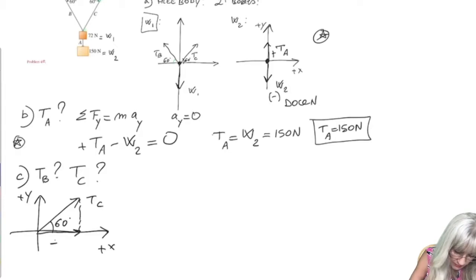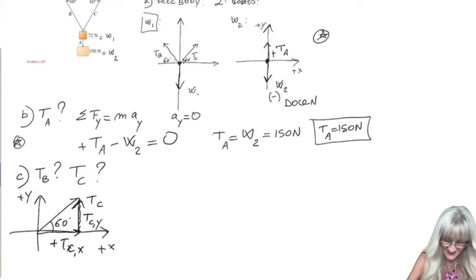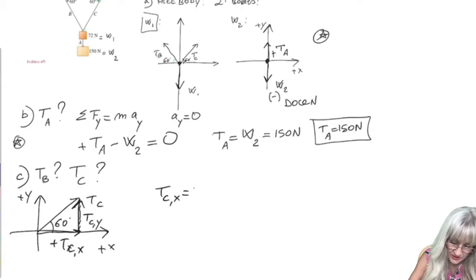This one is a positive T of C on the x-axis, and this one will be a positive T of C on the y-axis. All right. It will be the tension in cable C multiplied by the cosine of 60.